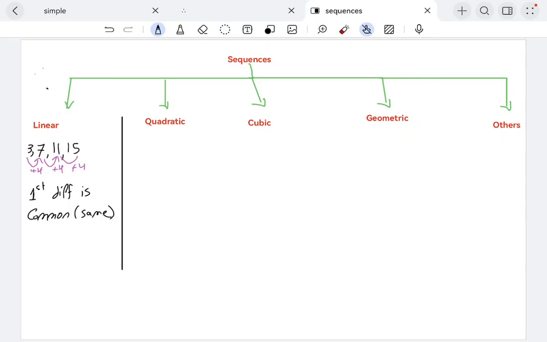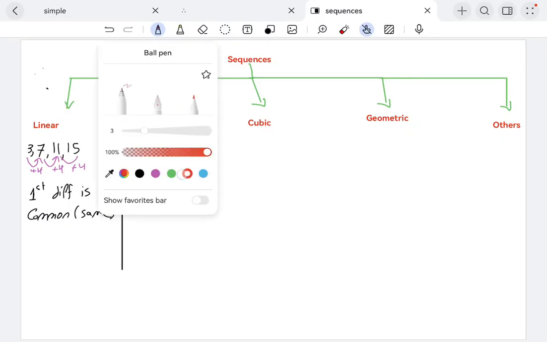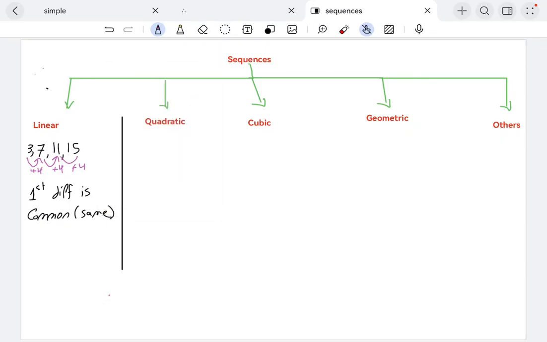For example, and let's take very simple sequences to understand the idea, and then later we take harder ones. So we have 1, 4, 9, 16, 25.